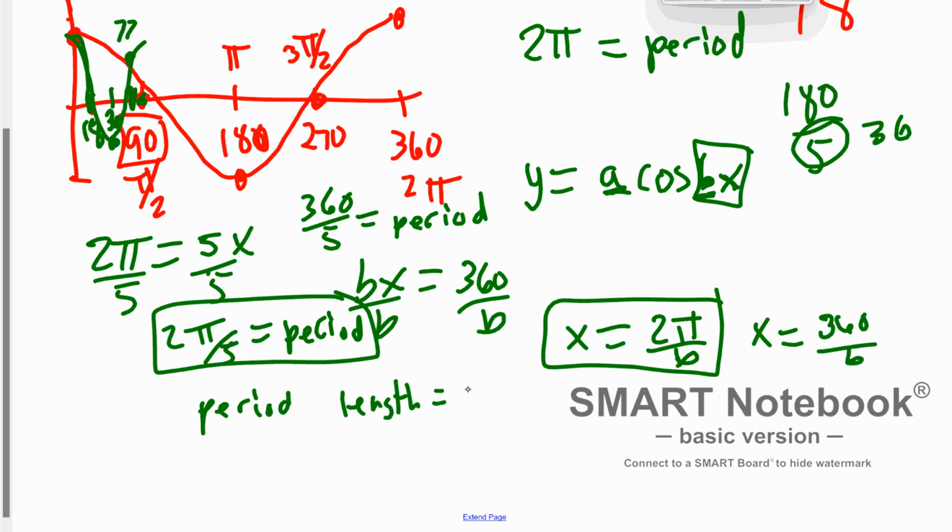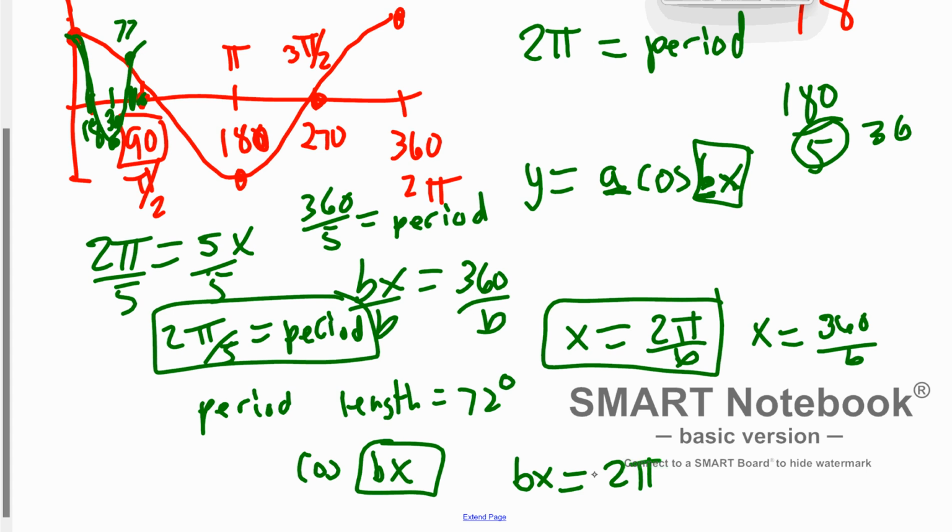So our period length is 2 pi fifths, or our period length is 72 degrees. Okay, so again, how you find this is you take whatever you're taking the cosine of. Normally it's just x, but sometimes it's multiplied by a number or a fraction. We set that equal to 2 pi, because that's normally what cosine is, but now we have a b in front, so we need to divide that by b.